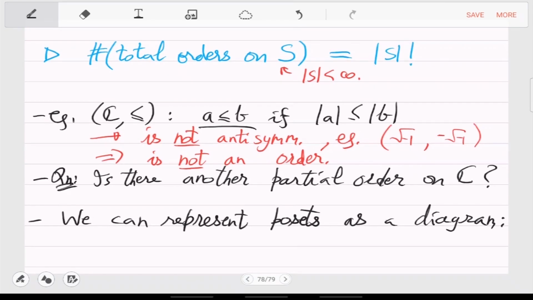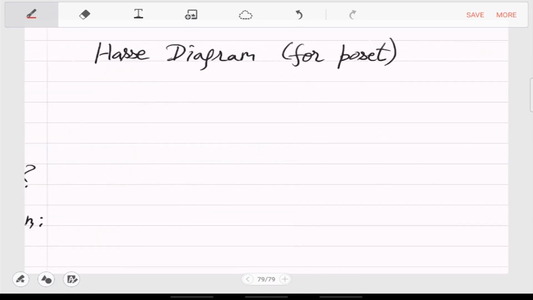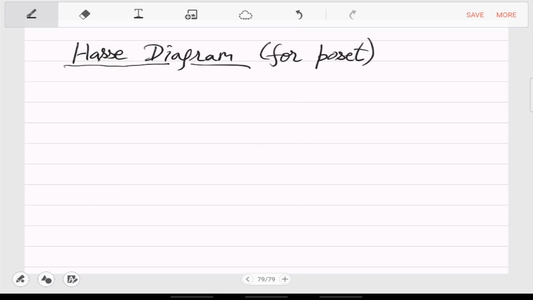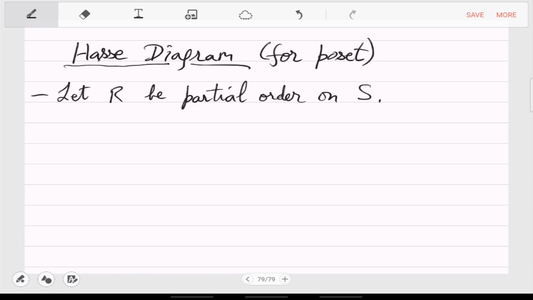And maybe I should say finite posets, although this is sometimes not needed, but just to be safe. So let R be a partial order on the domain set S.